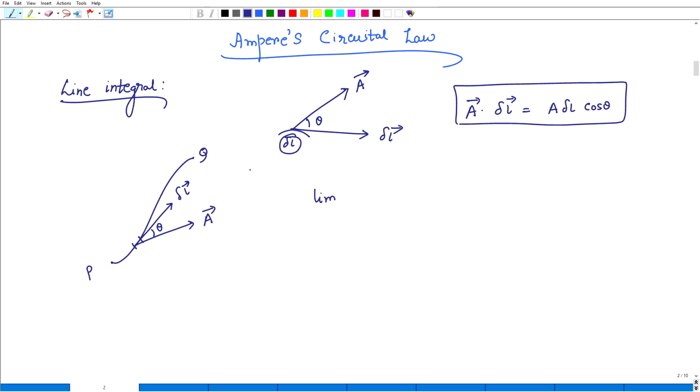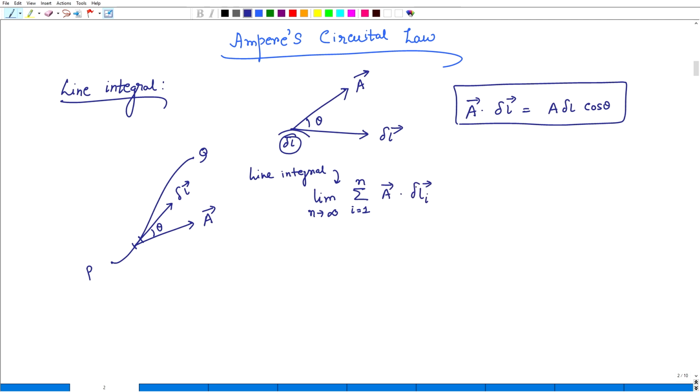What will be the line integral? The line integral will be the limit n tends to infinity of the sum over i equal to 1 to n, and I will discuss what I mean by this L i.